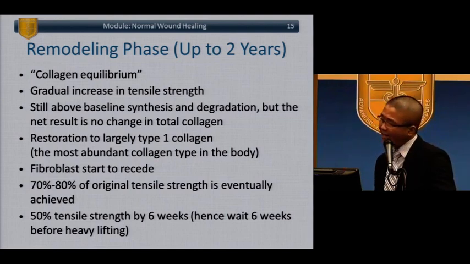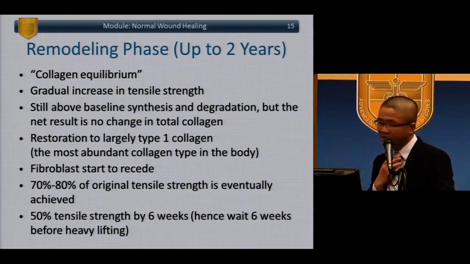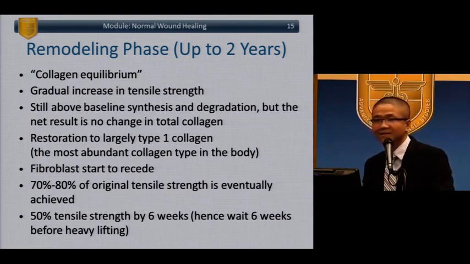The fibroblasts at this point say, all right, so I've laid down the mature type 1 collagen now. I'm going to start receding. I'm going to leave the scene, all right? And you should expect 70 to 80% of the original tensile strength in the best of circumstances, right? And none of our patients in 2016 seems to be in the best of circumstances, right?